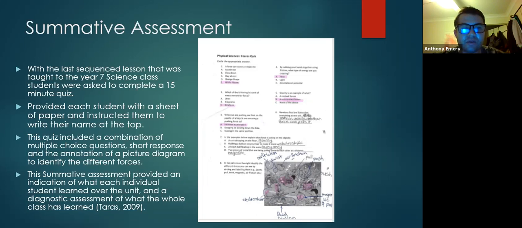They were given 15 minutes to complete this quiz, where they had to revise the same kind of information as at the start of the unit. Okay, so the formative quiz, this was the summative quiz. This was a culmination of what they've learned through the unit, and it's just revising what they have learned and to gauge some possible misconceptions that they might still have.